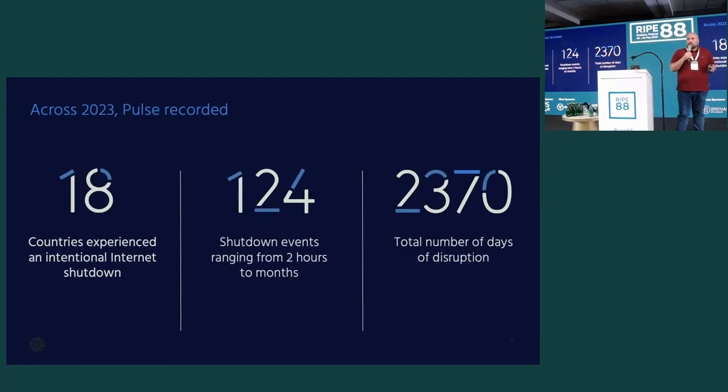The total duration of these interruptions to the access of the Internet is 2,370 days of disruptions, not hours, days. We also track the trends in the shutdowns and try to work with other organizations on campaigns to prevent them from happening again.